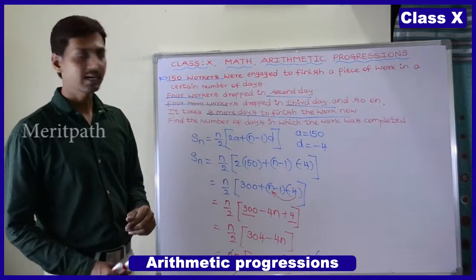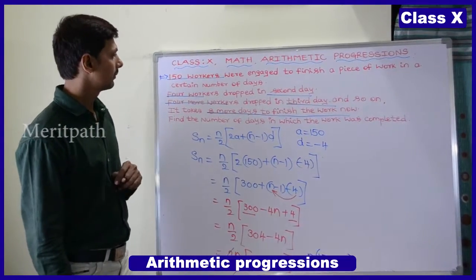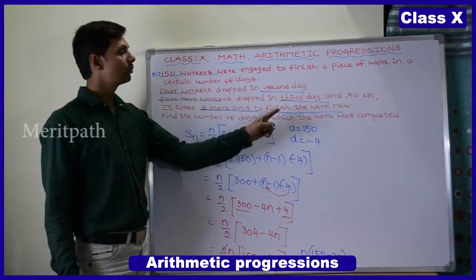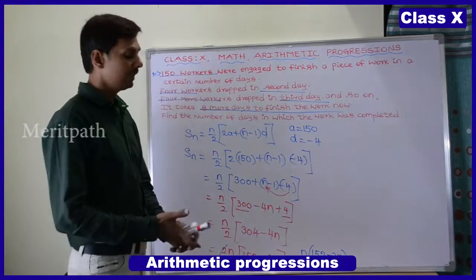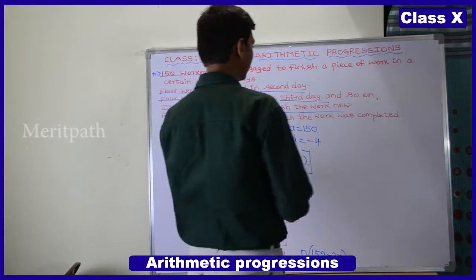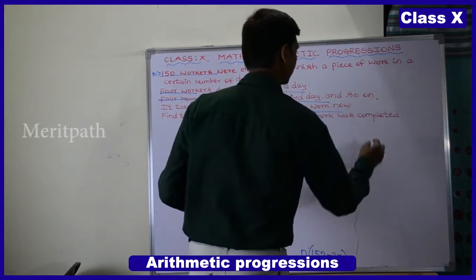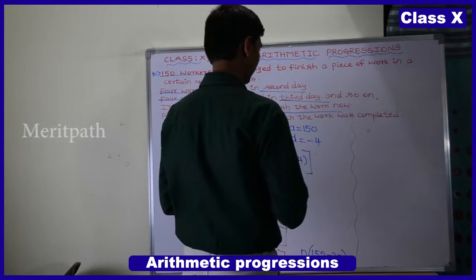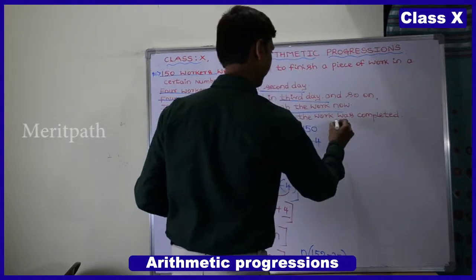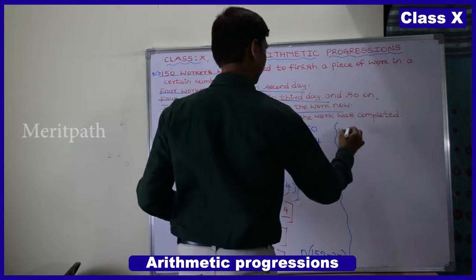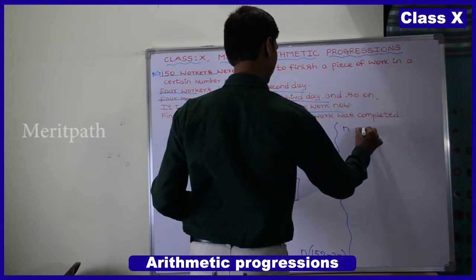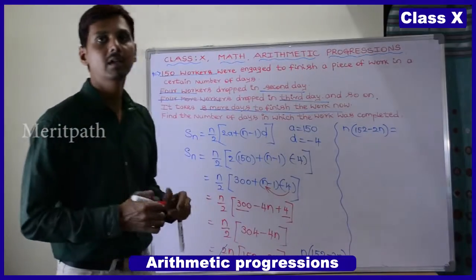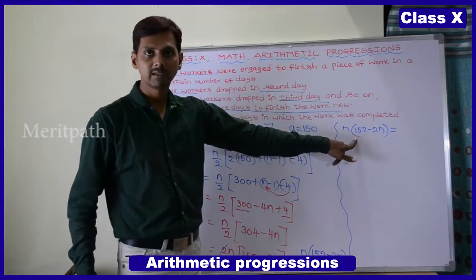So we can understand from this. It is given that it takes 8 more days to finish that work. So n into 152 minus 2n is the number of days taken to complete that particular work.